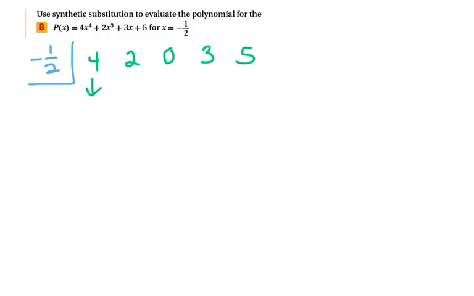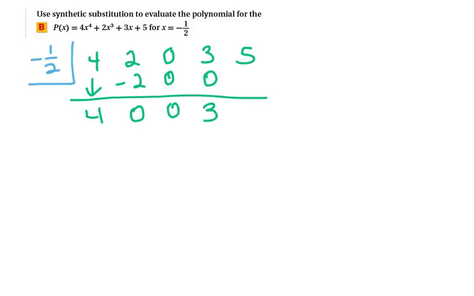Okay, so I'm going to just bring down 4. 4 times -1/2 is -2. 2 minus 2 is 0. -1/2 times 0 is 0. 0 times -1/2 is 0. 3 plus 0 is 3. 3 times -1/2 is -3/2. 5 minus 3/2, or minus 1/2, is 3 1/2.